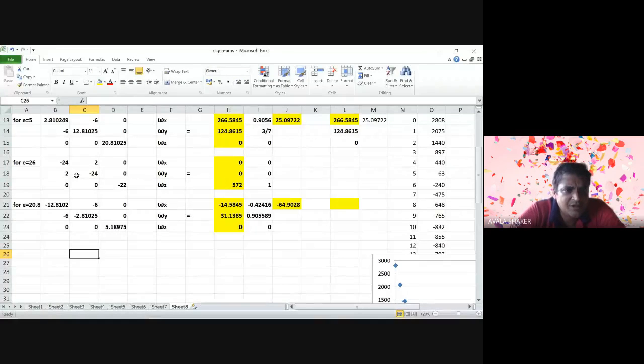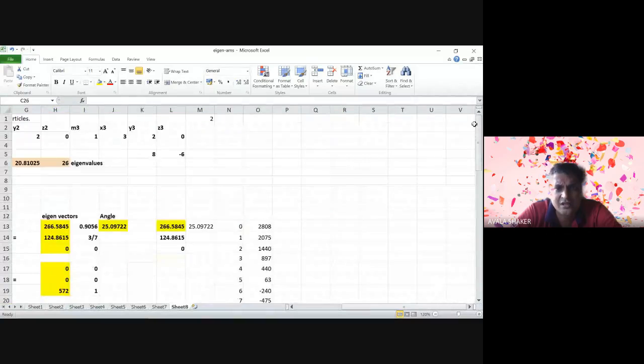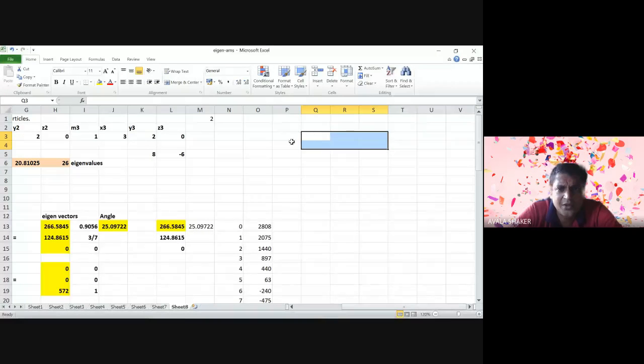Now for the third one, we calculate. Here omega x is 0, omega y is 0, and we have only omega z. So along the perpendicular axis omega z, this whole thing is symmetric. There's no omega x, omega y.